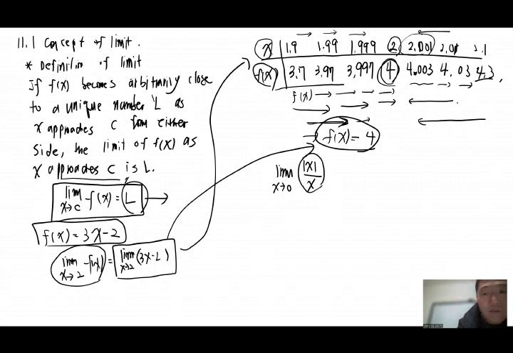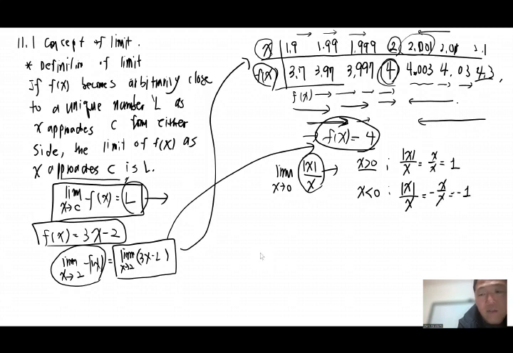If you plot this, there are two different numbers possibly existing. If x is a positive number, then absolute x over x equals x over x, which is 1. But if x is smaller than 0, a negative value, then absolute x over x becomes minus x over x, so that is minus 1.